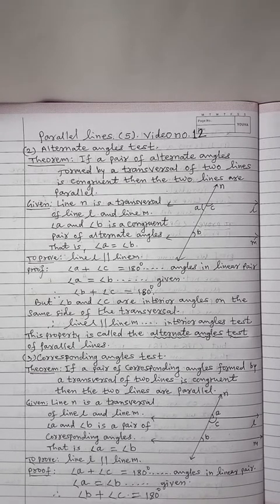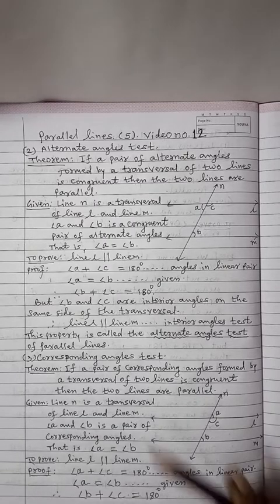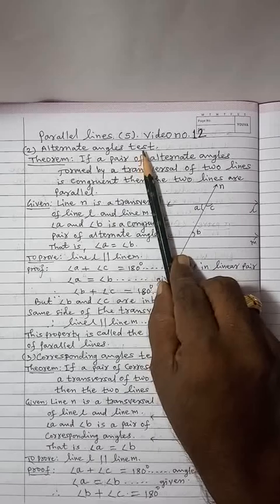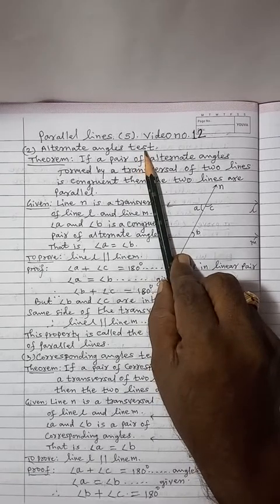I am repeating. If the interior angles formed by a transversal of two distinct lines are supplementary, then the lines are parallel. Now we will go to the second test, that is the alternate angles test for parallel lines.